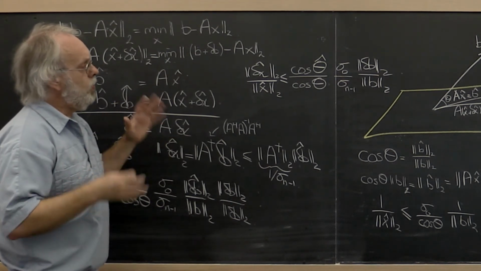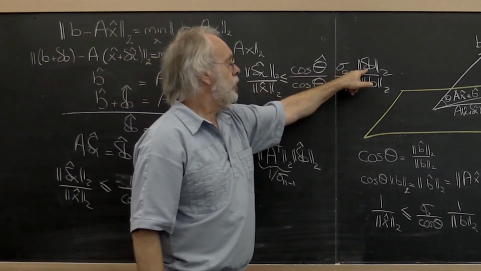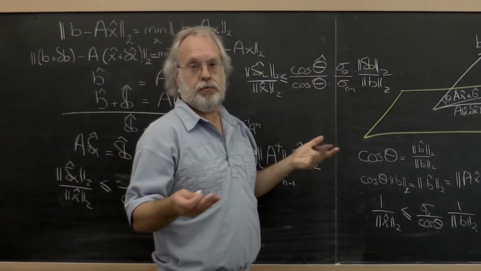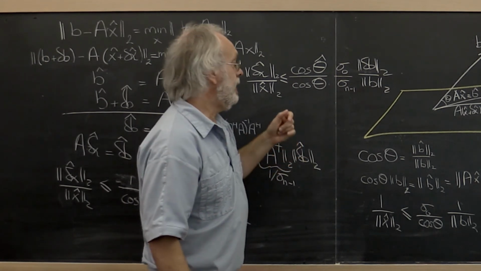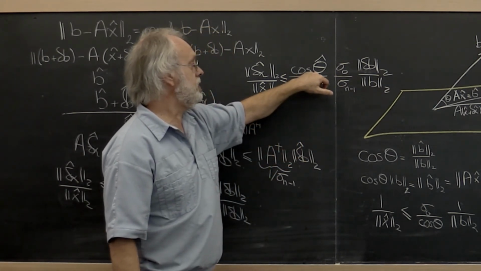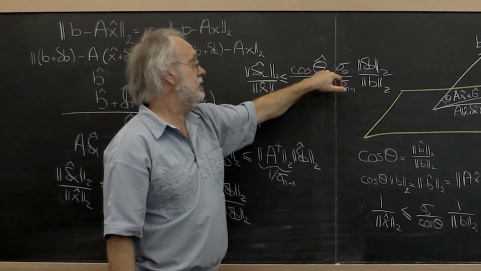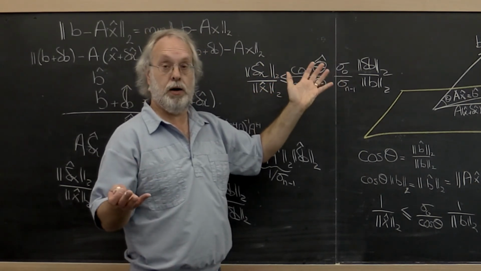And then you can say, well, wait a minute, we can't really control where the error in the right hand side points. And therefore we probably should be pessimistic and look at the maximum of cosine theta hat. But cosine is bounded by 1.